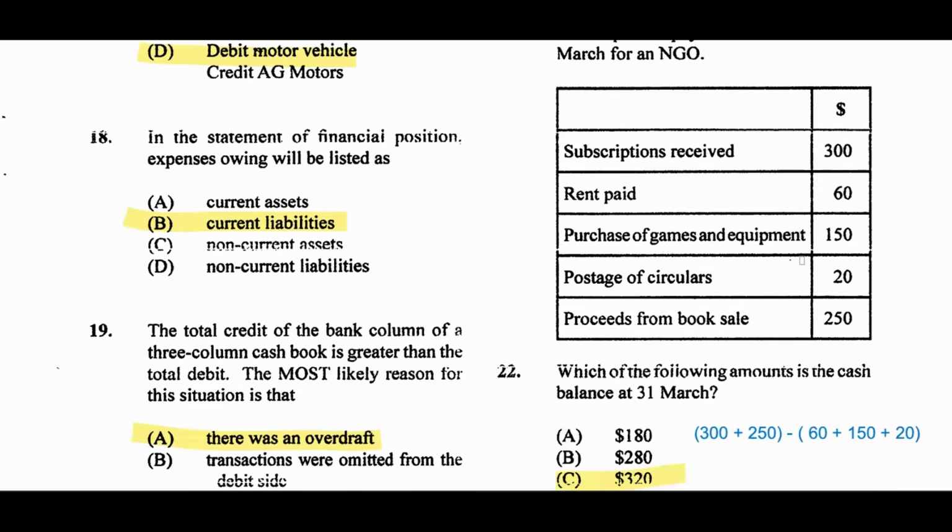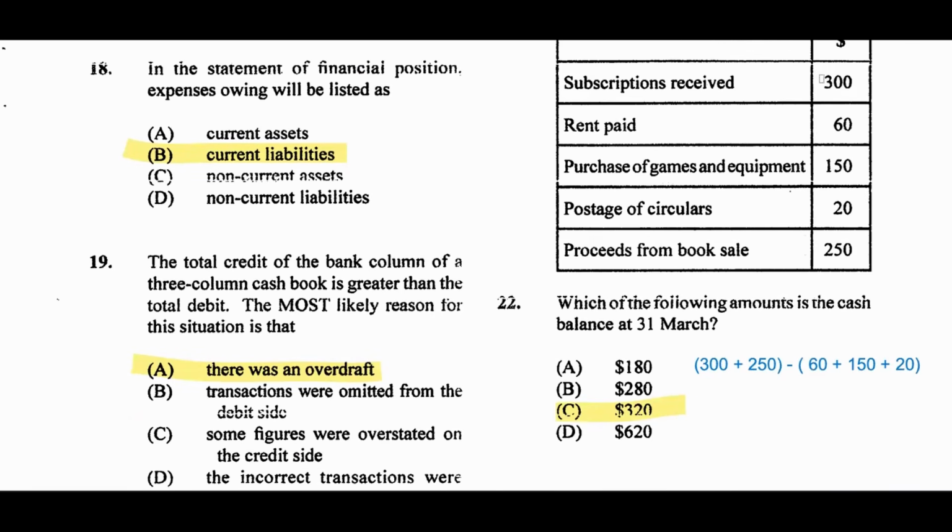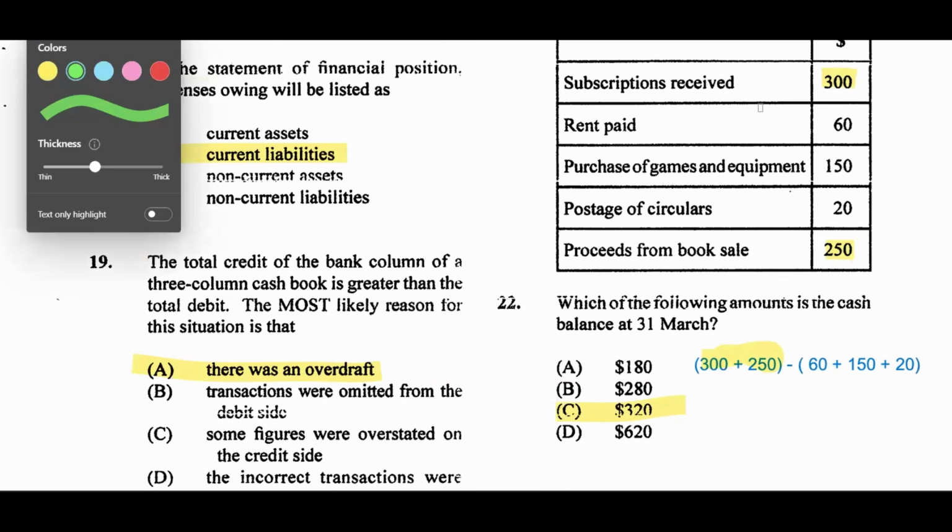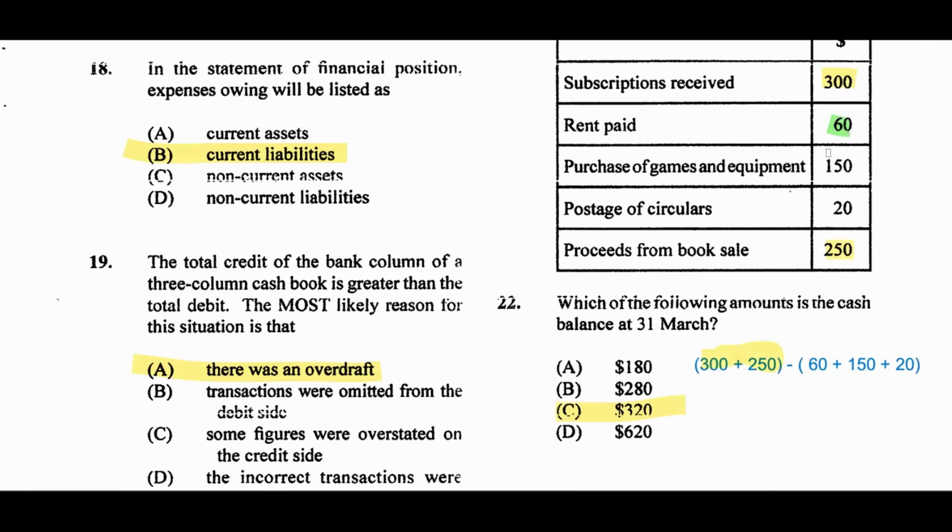Let's check it out. Subscriptions received is money coming in, that's receipts. Proceeds from book sale is receipts as well. So those are our receipts right here. Our payments will now include rent being paid, purchase of equipment, and even postage. So those are our payments.